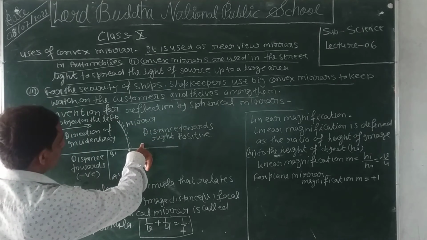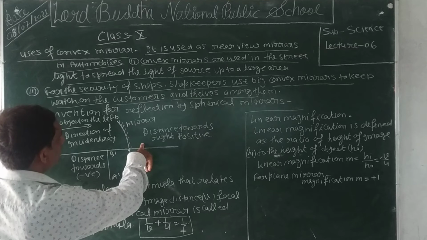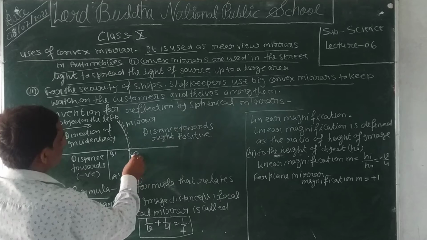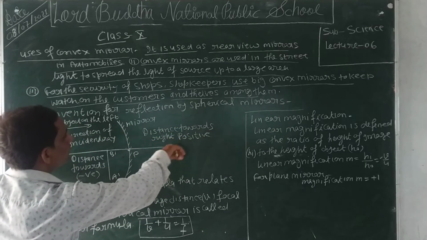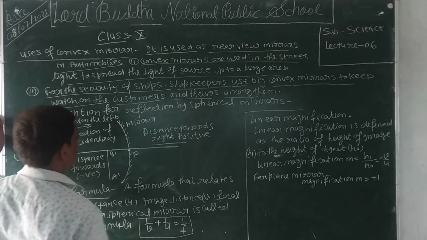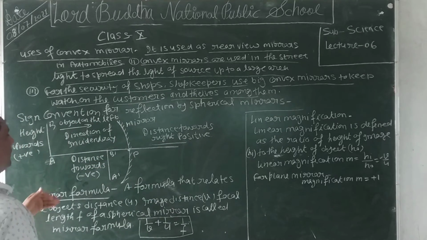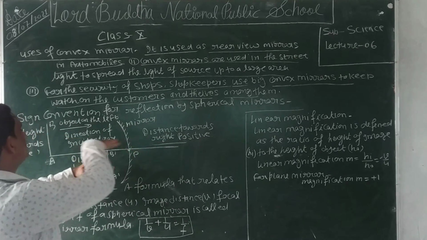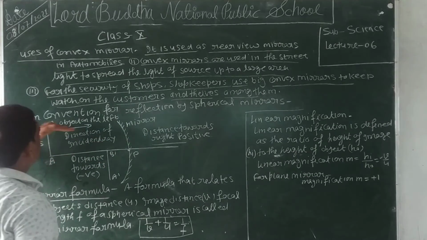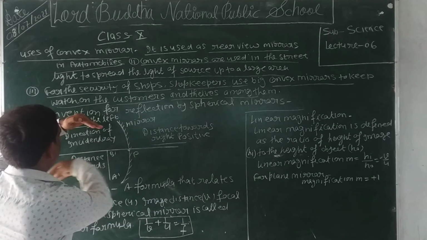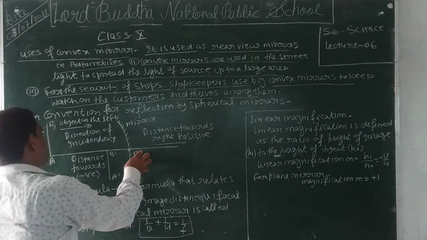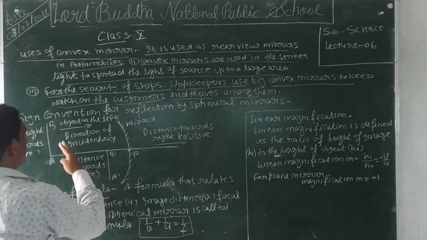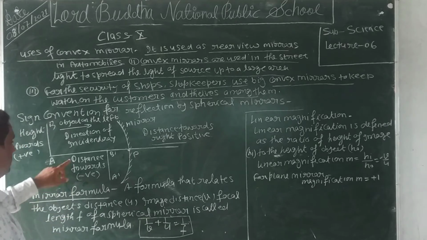And we can say that the distance of the object from the pole to the right is positive, and opposite to the direction of the incident ray, meaning left to the pole, is taken as negative.